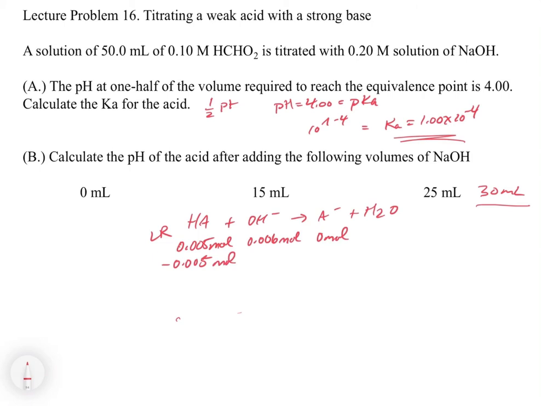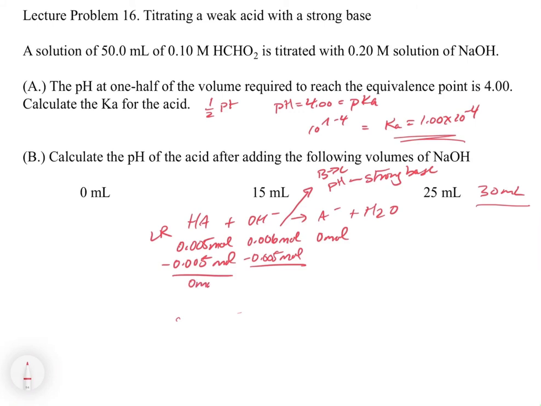So our limiting reagent now is going to be our HA. So we know that we've gone past the equivalence point. From this, I know that we are in region B to C, and so the pH is going to depend on the fact that we have strong base present in the solution.